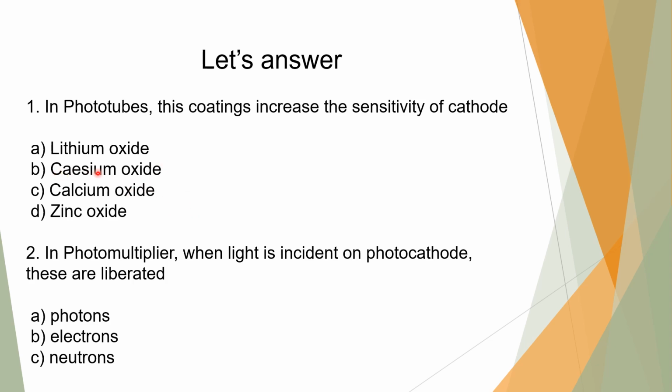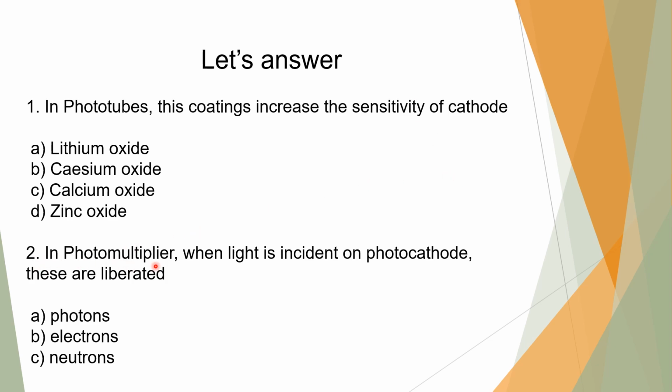The answer is B. Cesium oxide. In phototubes, cesium oxide coatings increase the sensitivity of the cathode. And also silver oxide coatings can be used to increase the sensitivity of the cathode.